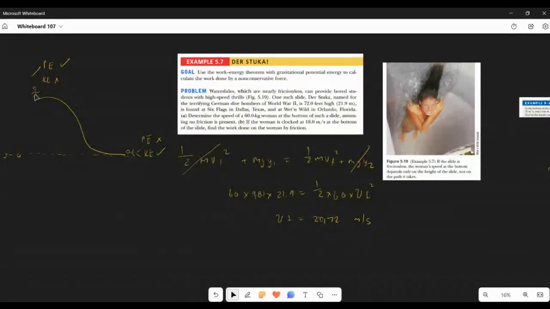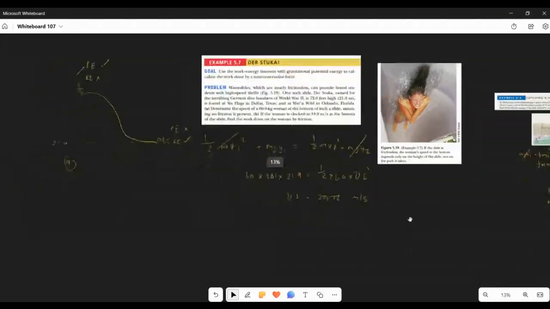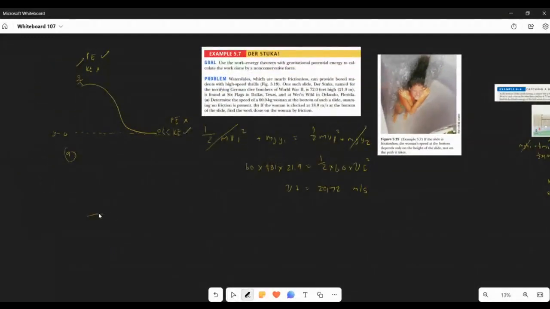So that's very important. We're assuming now there is friction, and the friction is acting as she slides from the top to the bottom. This is for A, all these sketches for B. Over here kinetic energy is present, potential energy is not present.